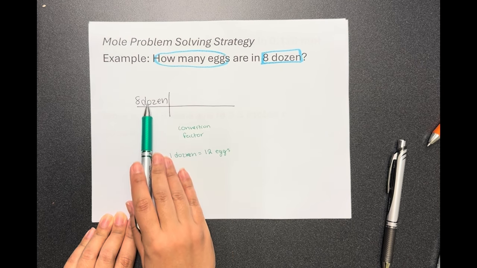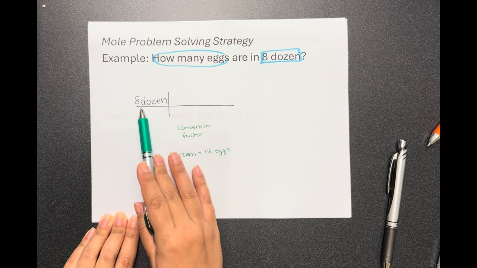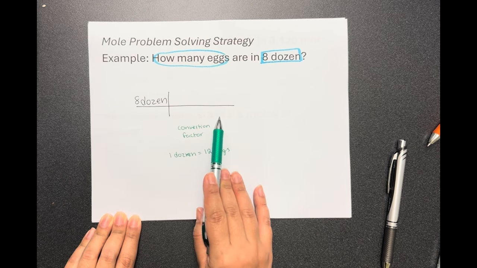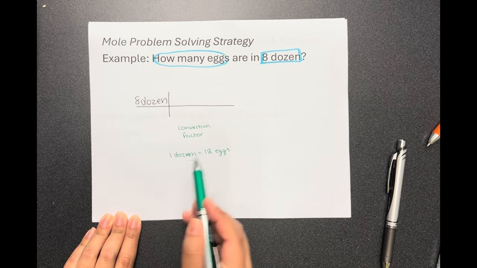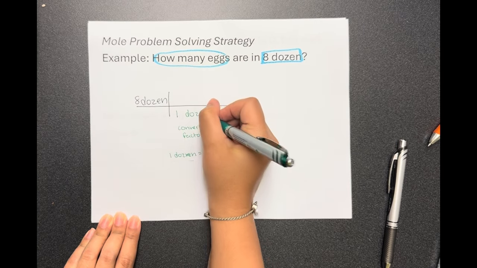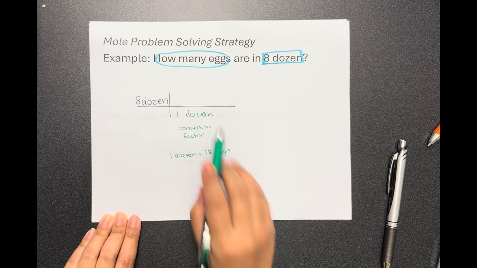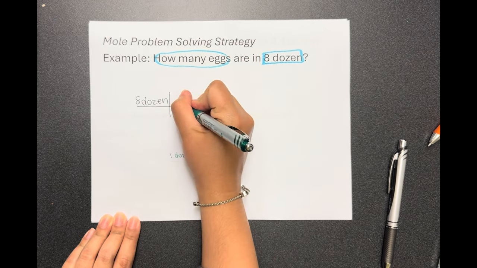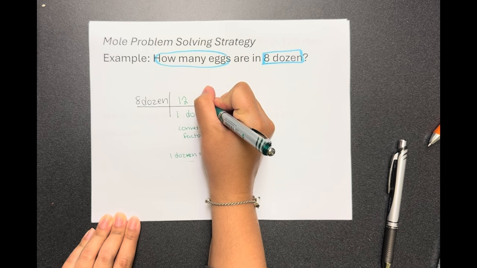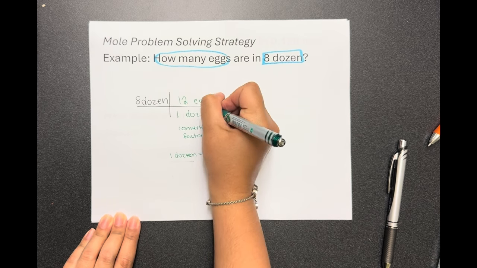Now, I have the word dozen up here. In order to cancel out that word dozen, I need the word dozen down here. So I'm going to write 1 dozen in the bottom, and 12 eggs on the top.